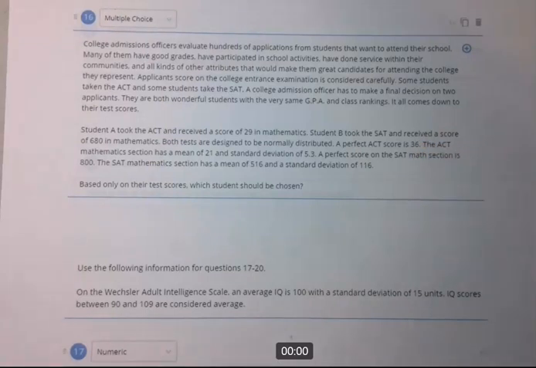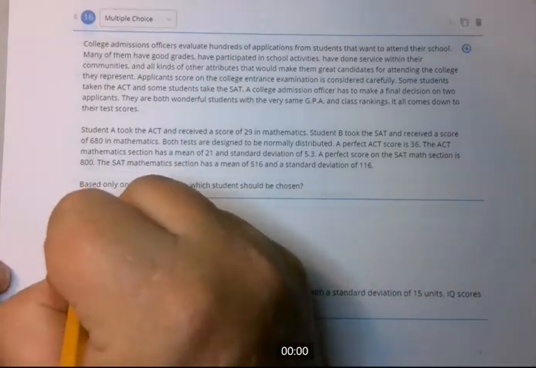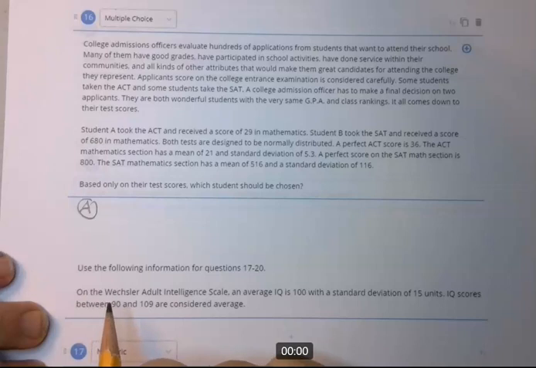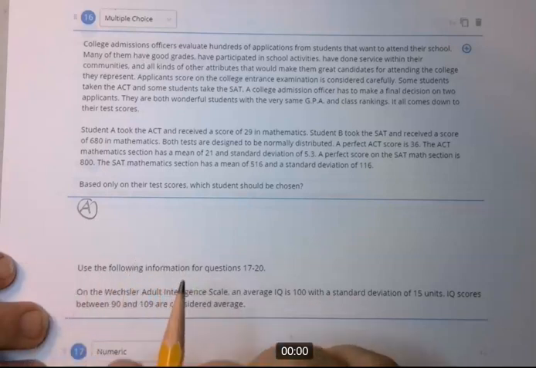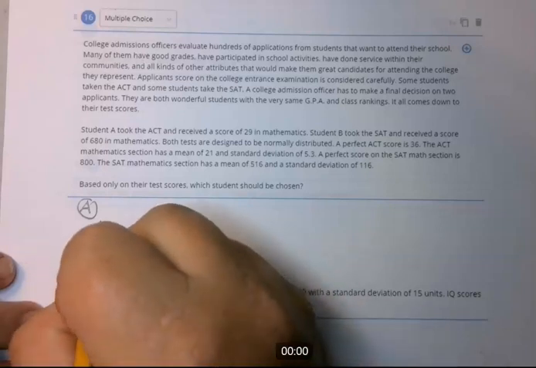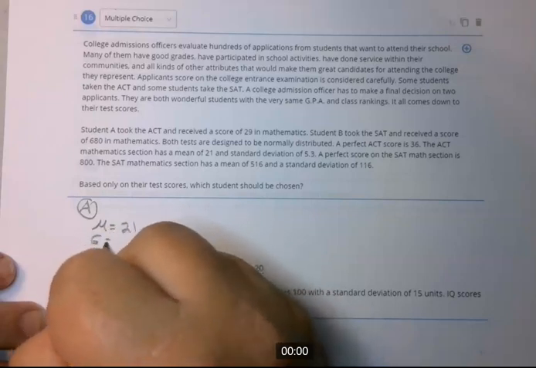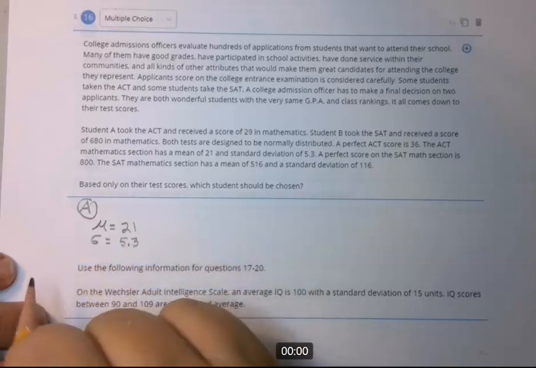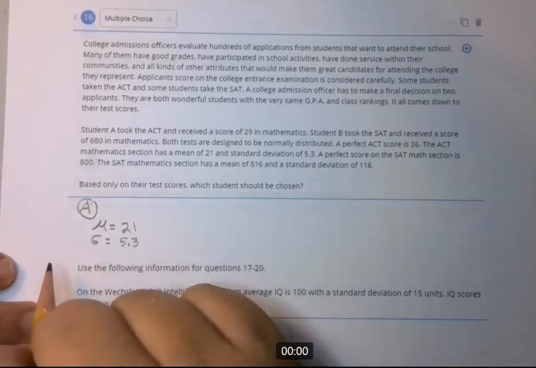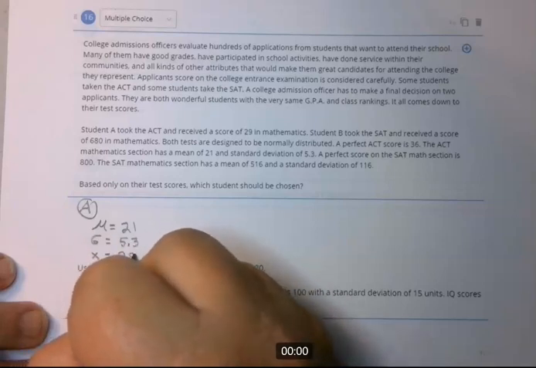Okay, so who did better on the math? All right, so student A took the ACT. So the perfect score doesn't matter. It's the mean and the standard deviation. So for A, the mean for that test is 21. Standard deviation is 5.3. And the X value, what that student actually received, was a 29.